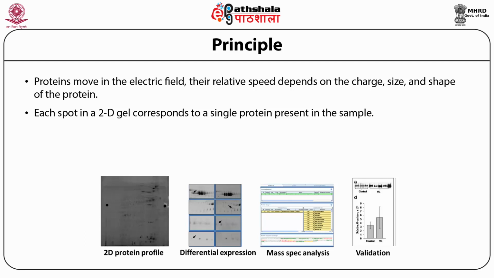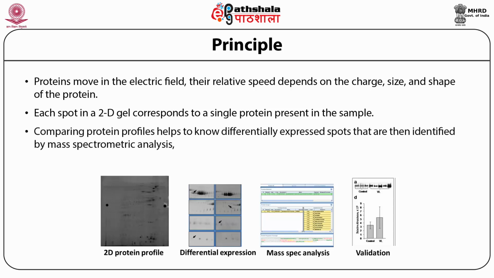Gels can be run off the sample as well as the control group. When we compare the differentially expressed proteins between these two groups, we identify certain proteins which have overexpression or relative underexpression. These spots are picked and then subjected to trypsin digestion. After that, they are identified using mass spectrometric analysis.